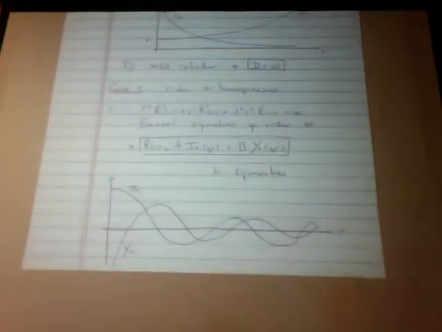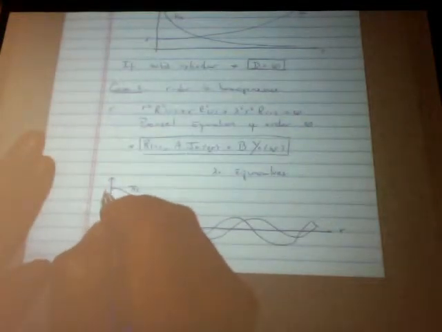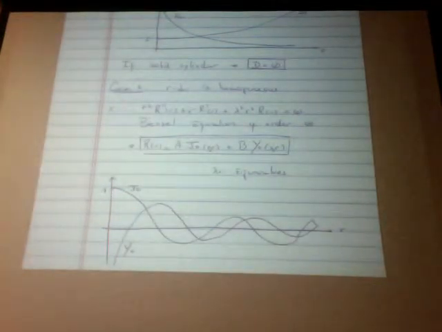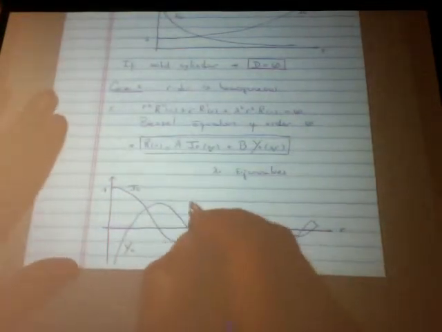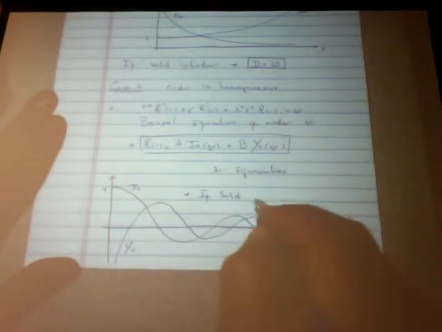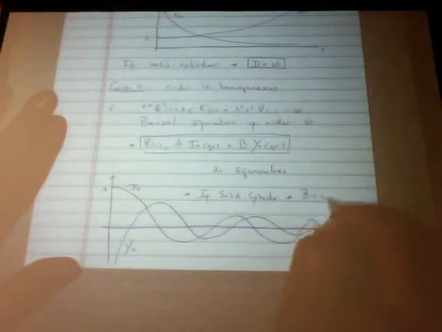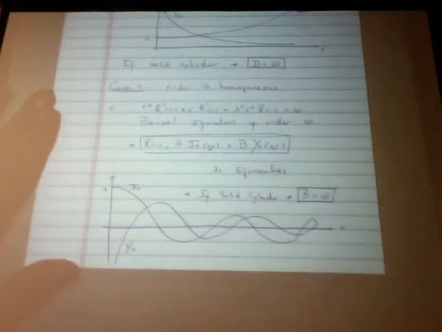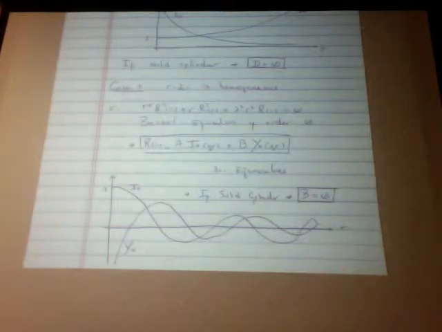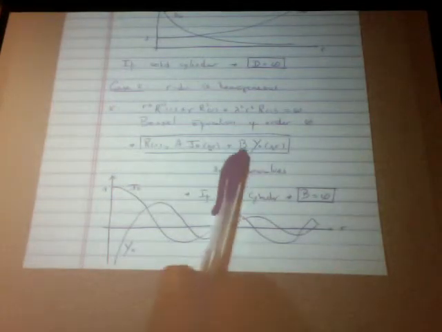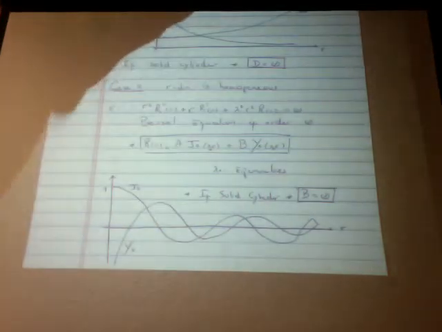So Y0 goes to infinity at R equals 0, and J0 goes to 1 at R equals 0. Therefore, if solid cylinder, again, B is equal to 0. We cannot allow the solution to go to infinity. The solution needs to be finite at R equals 0. Therefore, B needs to be 0 to compensate for that.